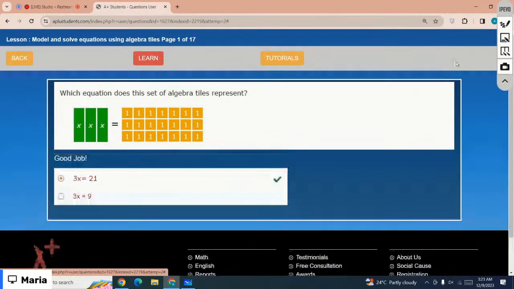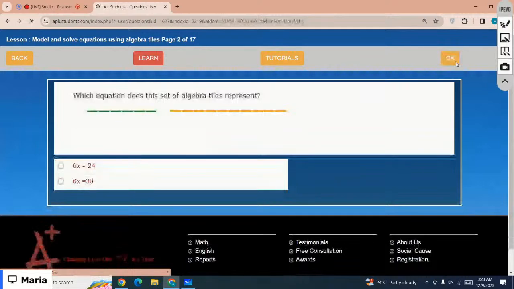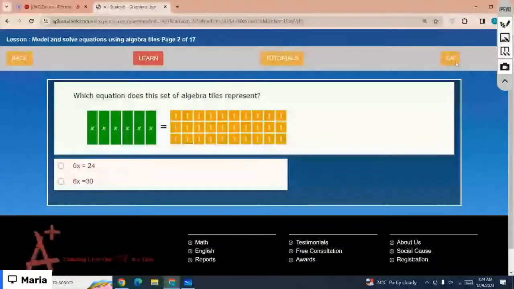Okay, the next one is, yes, that is 6x equals 30. 1, 2, 3, 4.